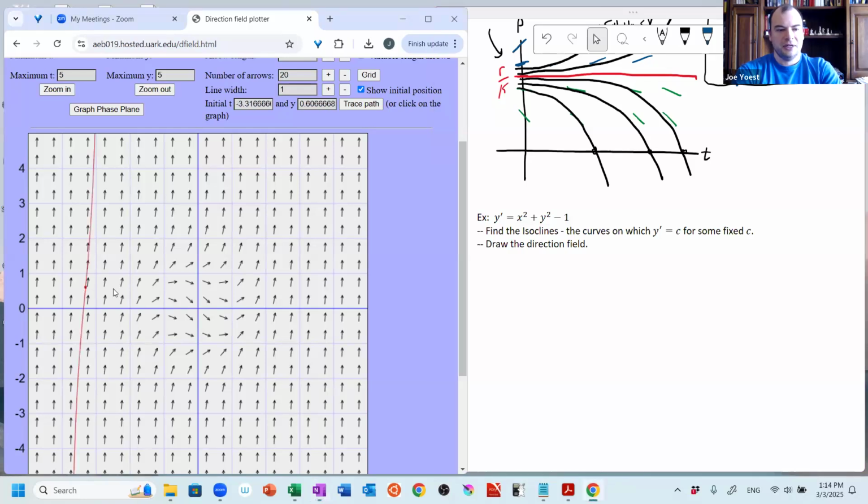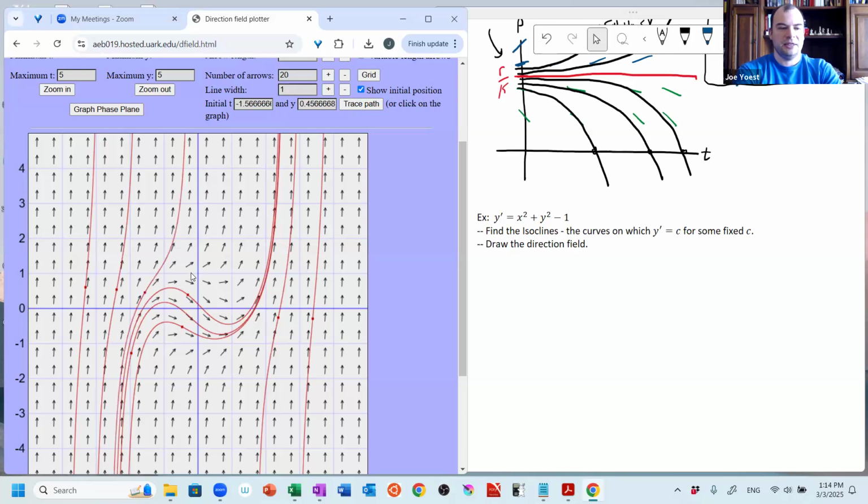I can see on the left here, I have solutions that pretty much just go straight up, and same off to the right. But when I start getting into this circle where things are getting twisted a little bit, I actually get pulled into the circle sometimes. I actually go from having no local extrema to having a local max and a local min.